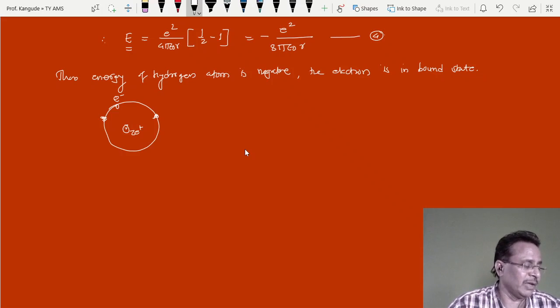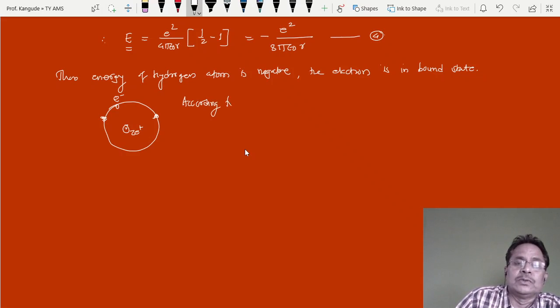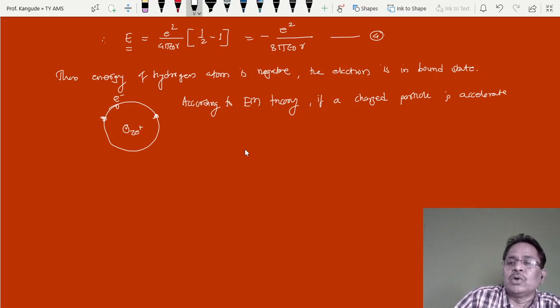So we'll write in very short. According to EM theory, if a charged particle is accelerated, it must radiate, or gives out or loses energy.